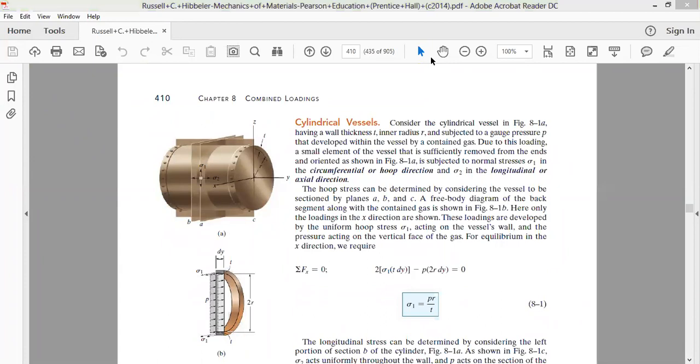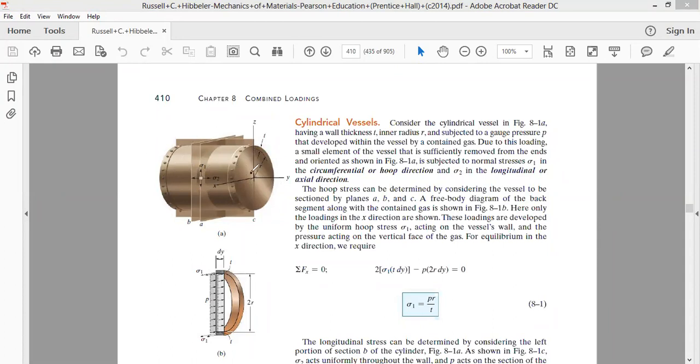After that, we started doing the analysis of the pressure vessels, and we did the analysis of the cylindrical pressure vessels. Cylindrical pressure vessels are in the form of a cylinder. Within this cylindrical pressure vessel, we usually have the pressurized fluid.